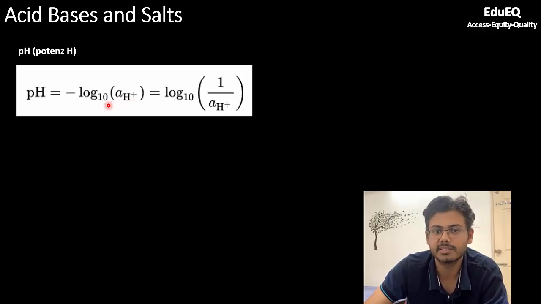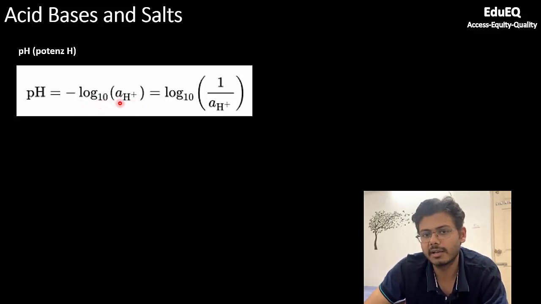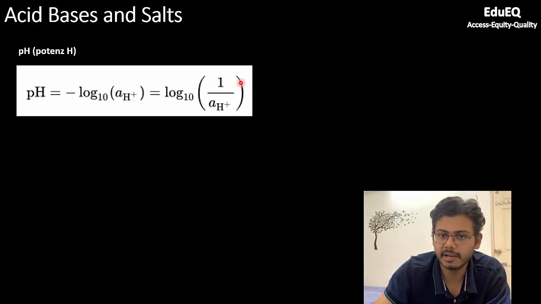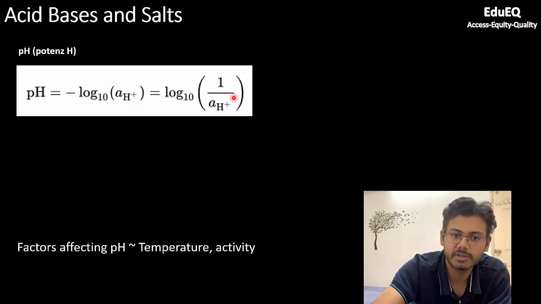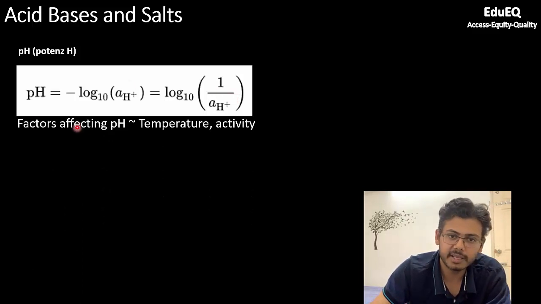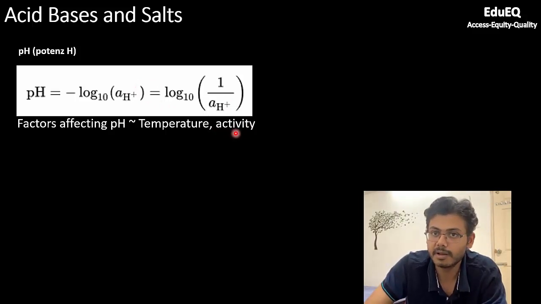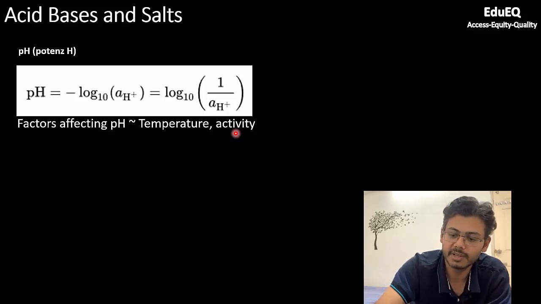Non-ideal solutions we'll probably learn in class 12th. So you can say minus log 10 concentration of hydrogen ion, and if you put the minus sign inside, it becomes log of 1 by concentration of hydrogen ion. The factors that affect pH are temperature and the activity or concentration of hydrogen ion. The more the concentration of hydrogen ion, the less the pH, because more acidic means the pH will be low.